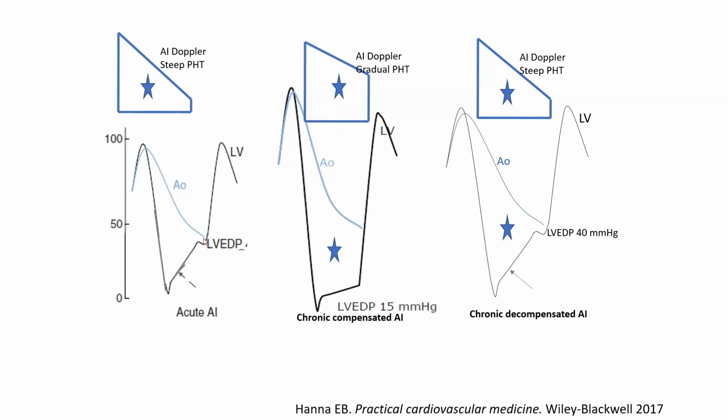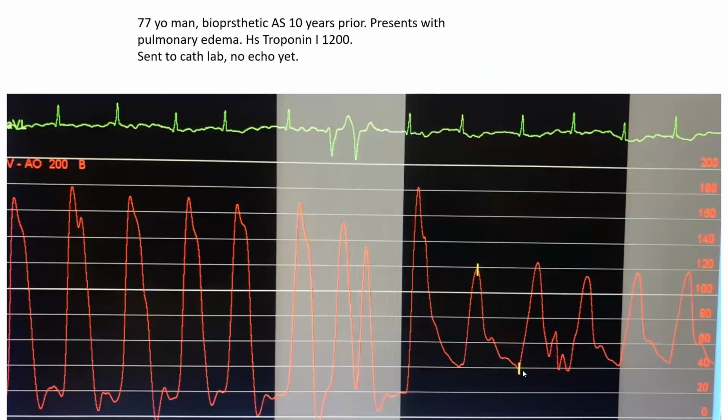And what we say by meet means they are exactly equal, or in my experience, they are within 30 millimeter of mercury of each other. And some quantified it as 25%: the difference is less than 25% of the systolic pressure. So yes, here, the aortic diastolic pressure is 40, while the LV end-diastolic pressure is early 20.